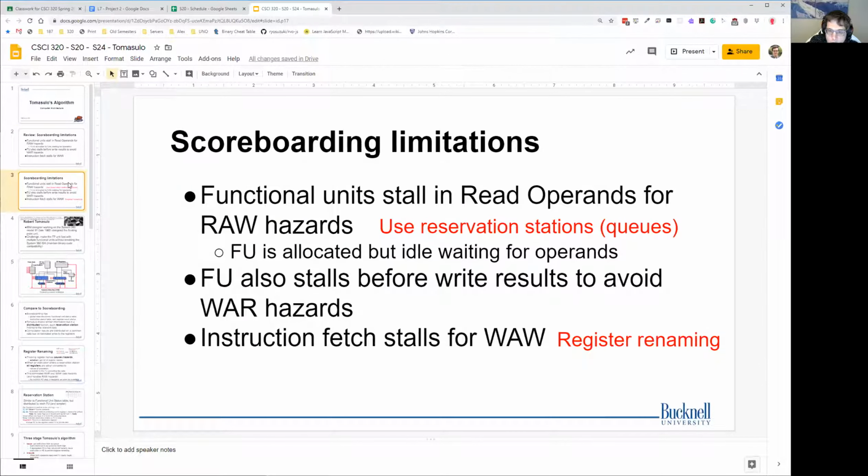So how can we resolve these issues? With Tomasulo, instead of functional units, we are actually using reservation stations. Each functional unit will basically have a queue of instructions that comes into it. Think about it: in a scoreboard, we have one queue, and then we schedule one instruction to each unit.